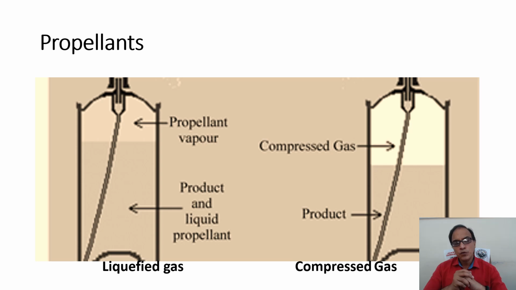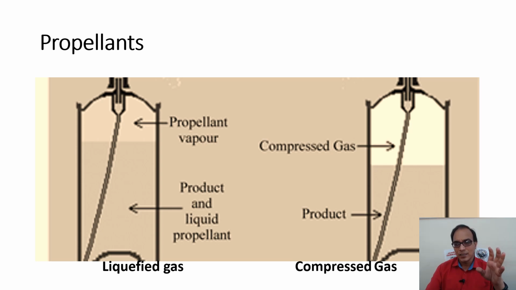Now let's move to the propellants. If you compare the liquefied gas propellant and compressed gas propellant, as you can see in this part, in the liquefied gas propellants, liquid propellant and product are mixed together and propellant vapors are in the head portion, in the above portion.